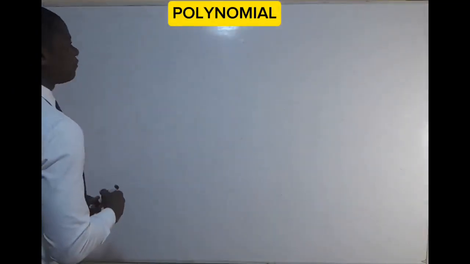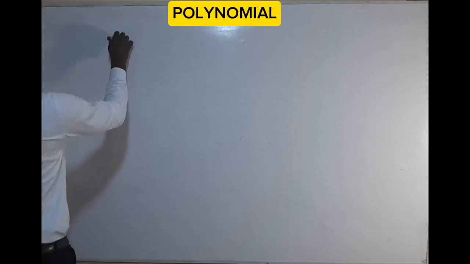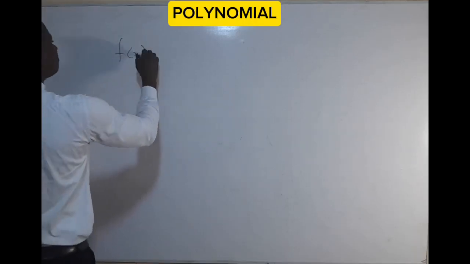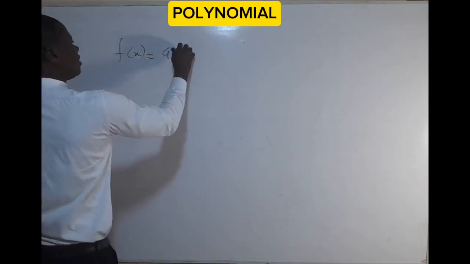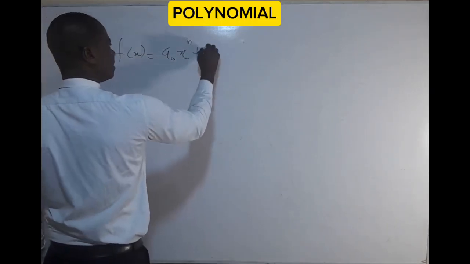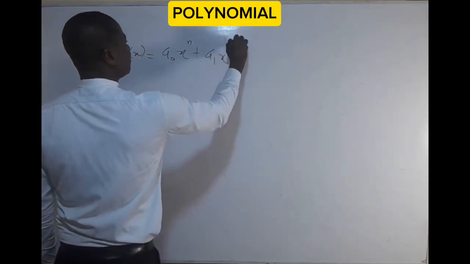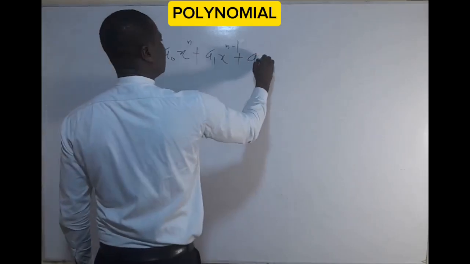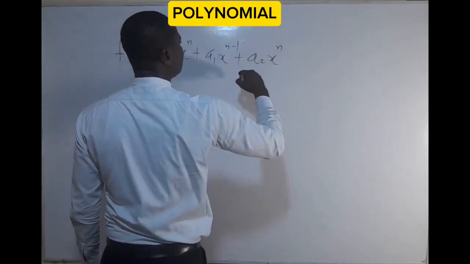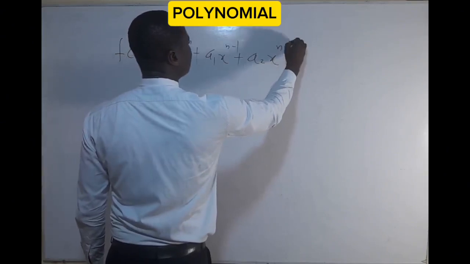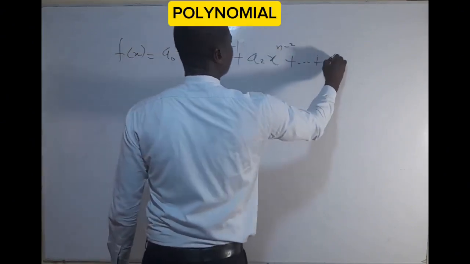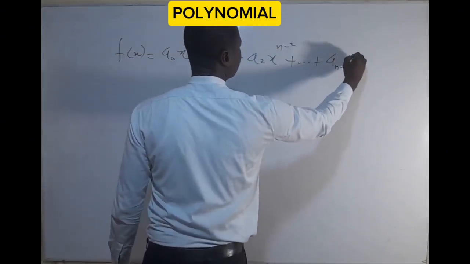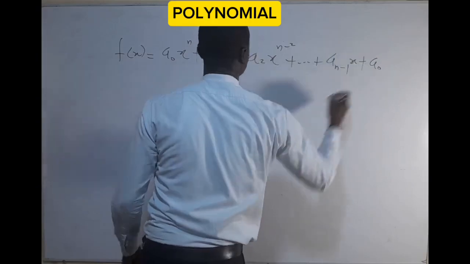You see, a polynomial function in x is any function that can be expressed in the form a0 x exponent n plus a1 x exponent n minus 1 plus a2 x exponent n minus 2, okay? And you have a n minus 1 x plus an.